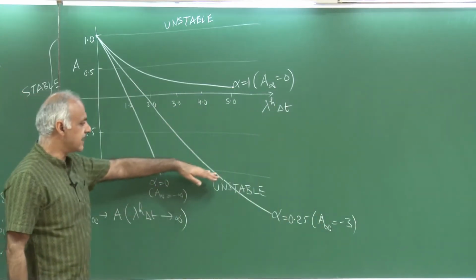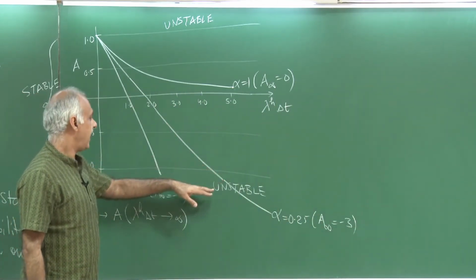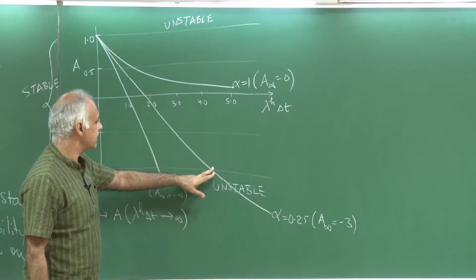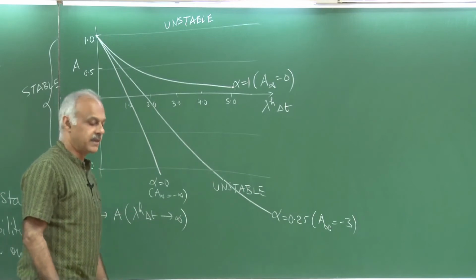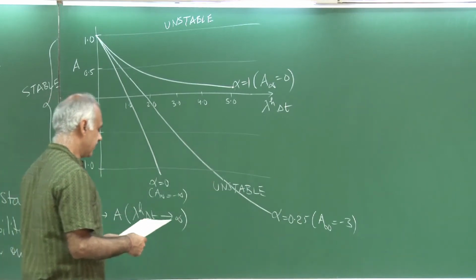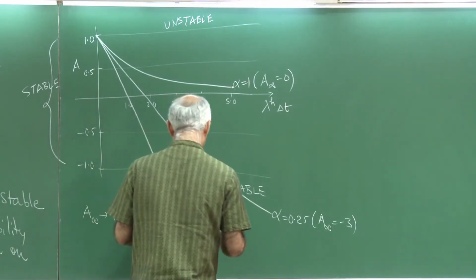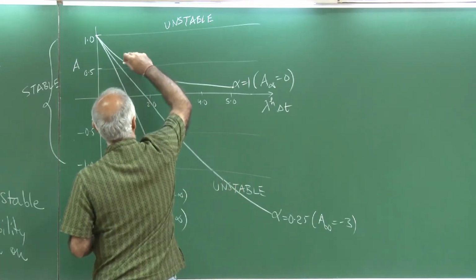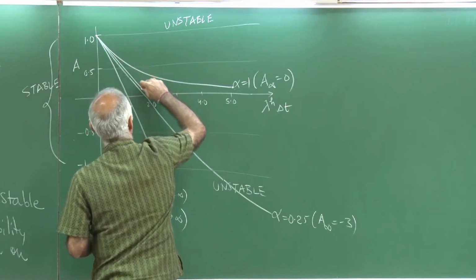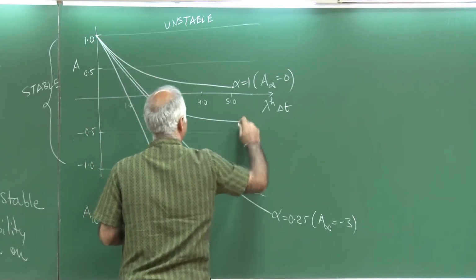So again, this is a conditionally stable method, and you can only use up to a certain value of lambda h delta t. Beyond that, the method becomes unstable. And just to show you alpha equal to 0.5, I will just sketch that as well. It could be something like this.